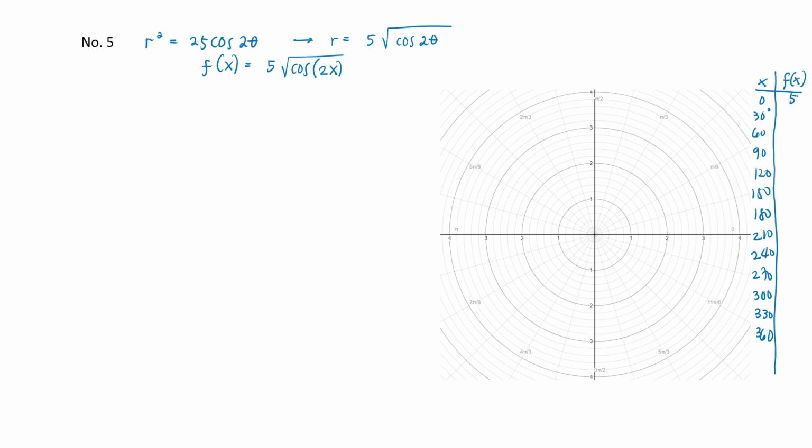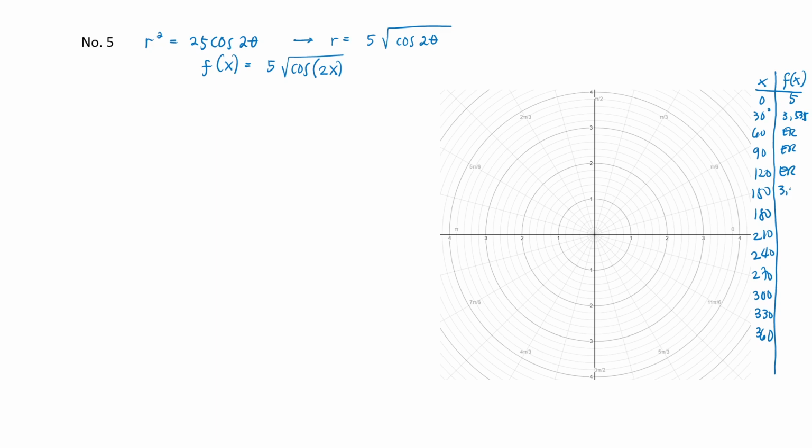Starting with 5, then 3.5355, and then there is an error, then error, error.